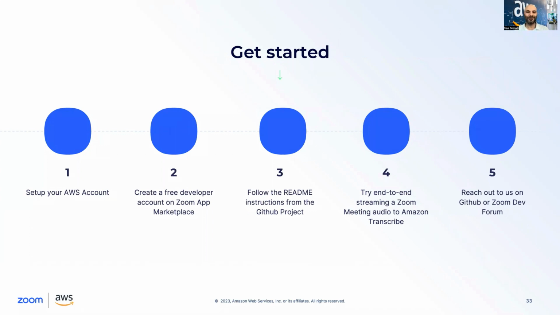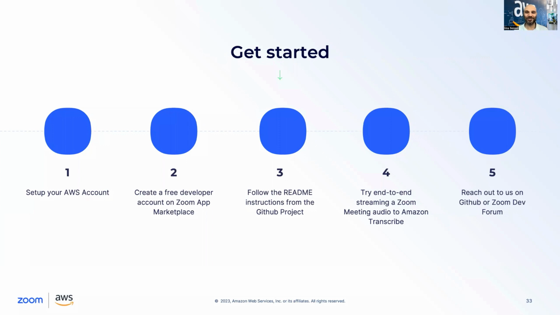And once you have that, you just need to follow the README instructions on the repository hosted on GitHub and be able to stream audio end-to-end from a Zoom meeting all the way to transcriptions being available using Amazon Transcribe.